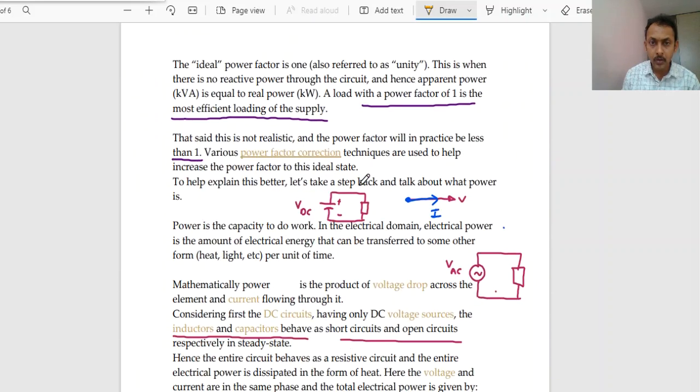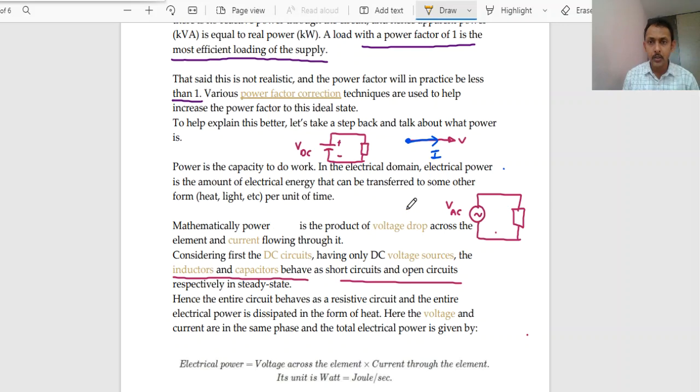Now coming to the DC circuits, dear students, for DC supply, the inductors and capacitors under steady state condition will behave like a short circuit and open circuit. So finally the nature of the circuit in DC supply will be resistive in nature.